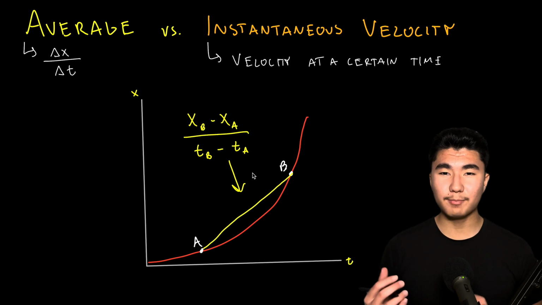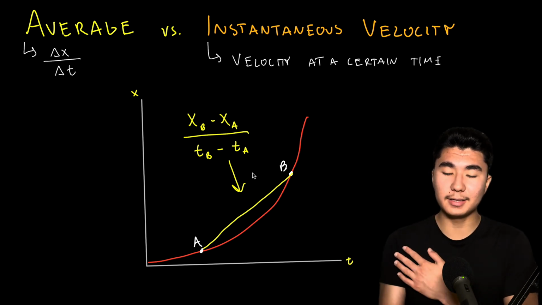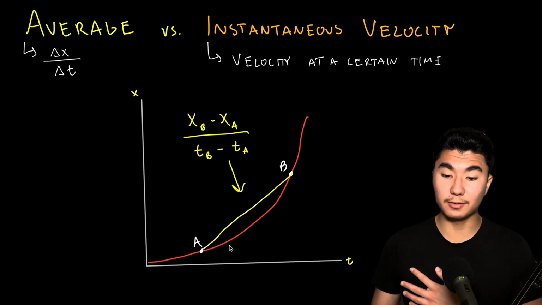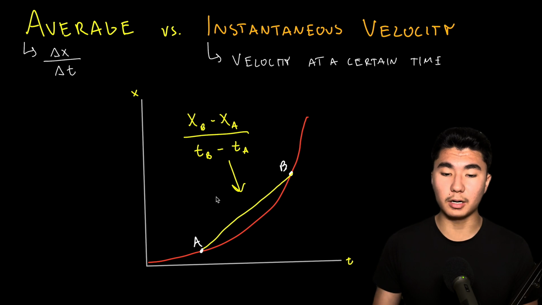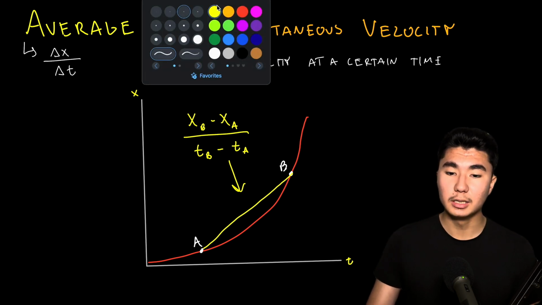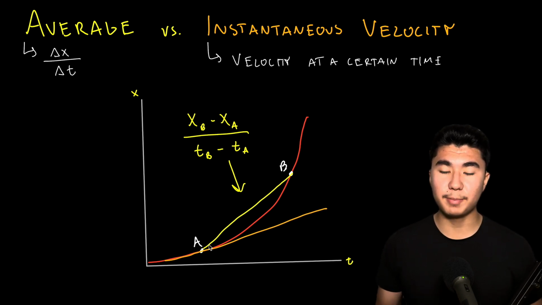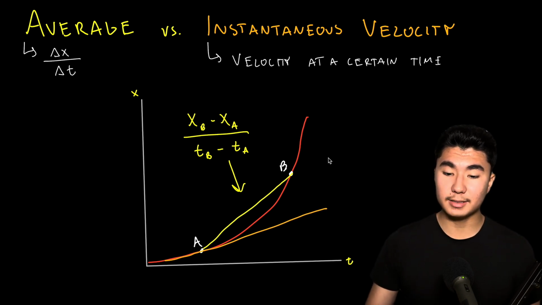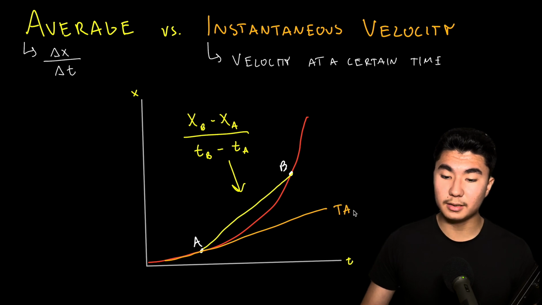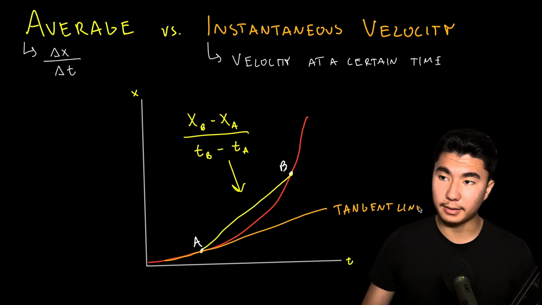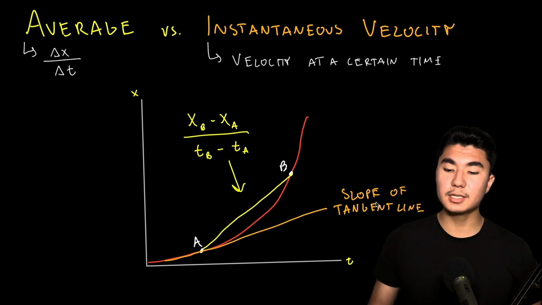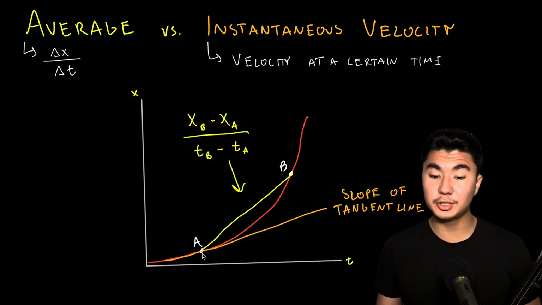Now, what makes our instantaneous velocity different? Although this is the slope of our position versus time graph, which is our average velocity, our instantaneous velocity is going to be a tangent line at whatever instant we picked. For example, at A, our instantaneous velocity is the slope of this tangent line over here.